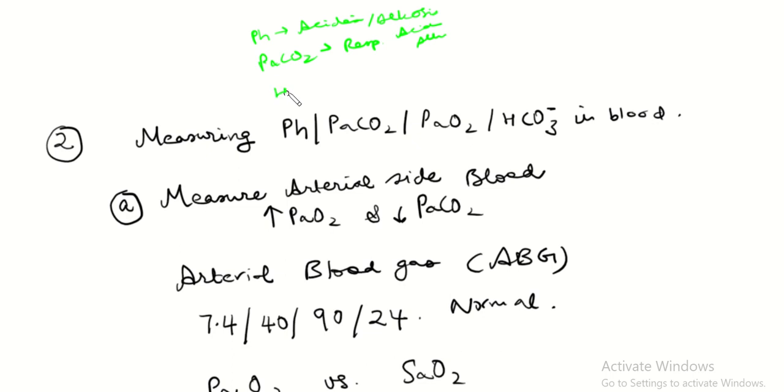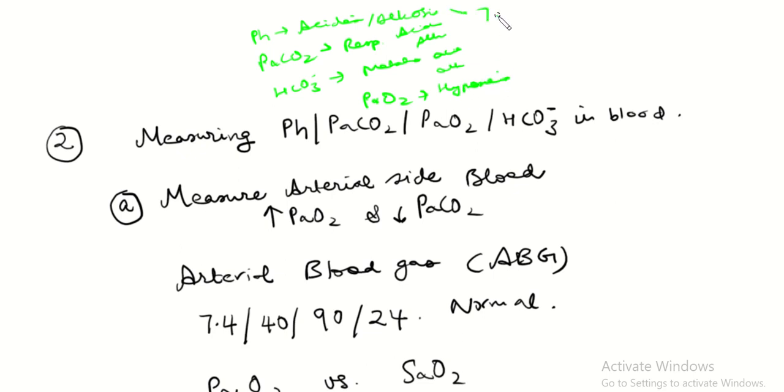We had bicarb, which was the metabolic side that can give you acidosis or alkalosis depending on what's contributing. Then we have oxygen, the partial pressure of oxygen, which is the oxygen dissolved in the blood. It gives you whether a patient is hypoxemic or not, right?